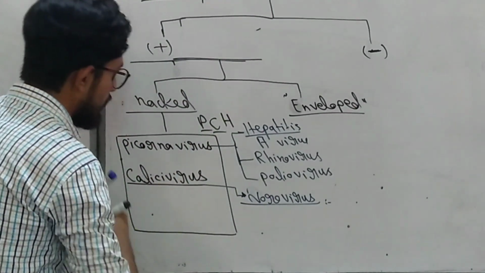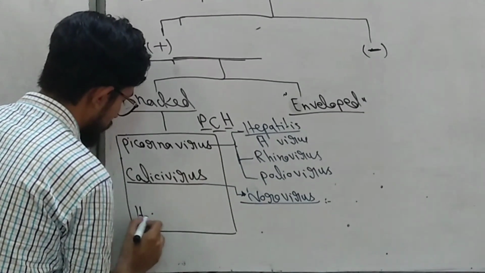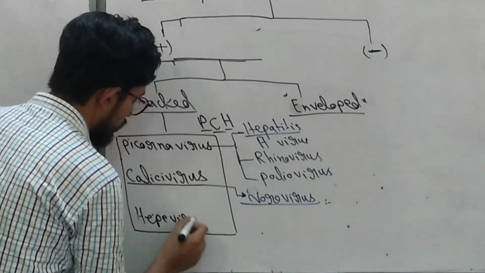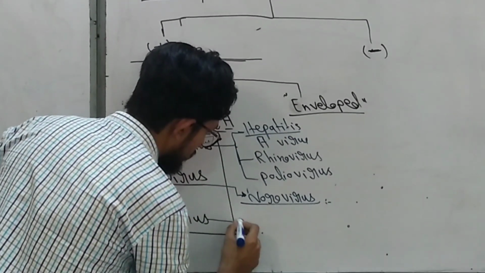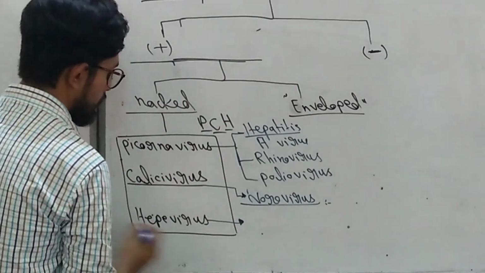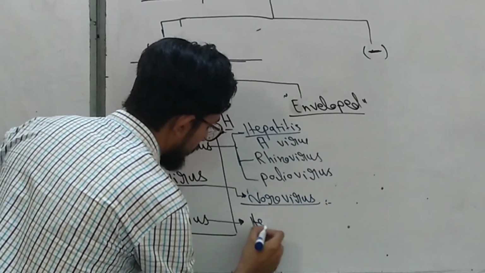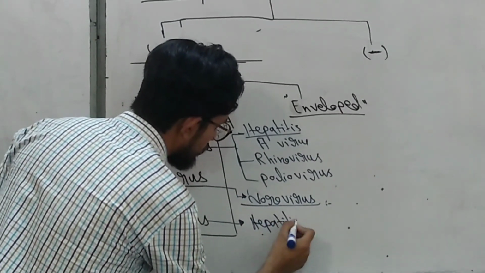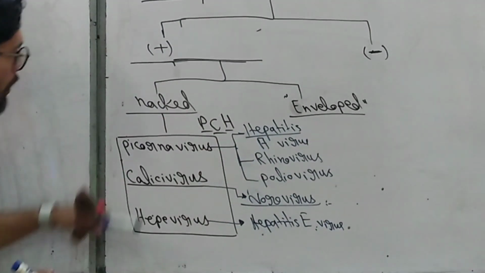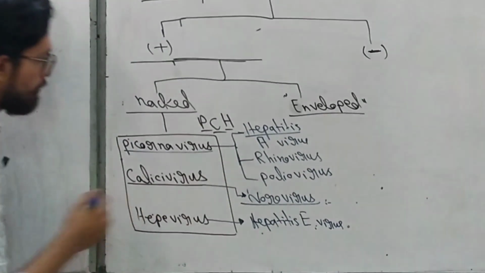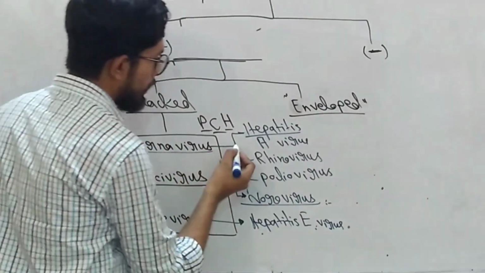Now the third group is H. H means hepevirus. The hepevirus family contains hepatitis E virus. So in the black box, these are the families, and these families contain different types of viruses.